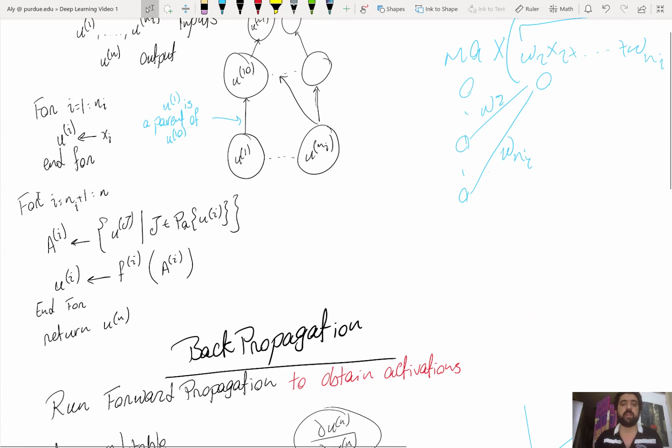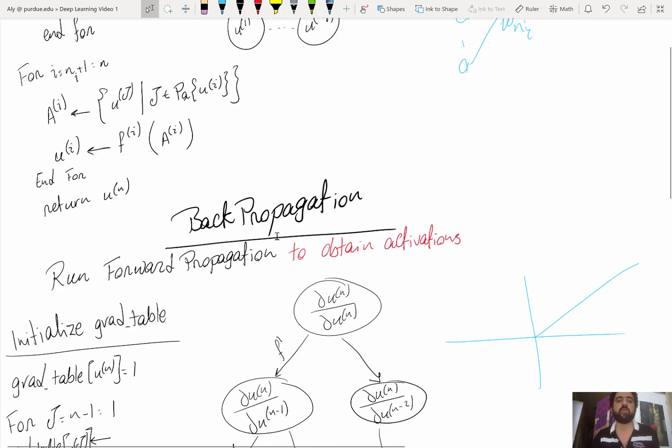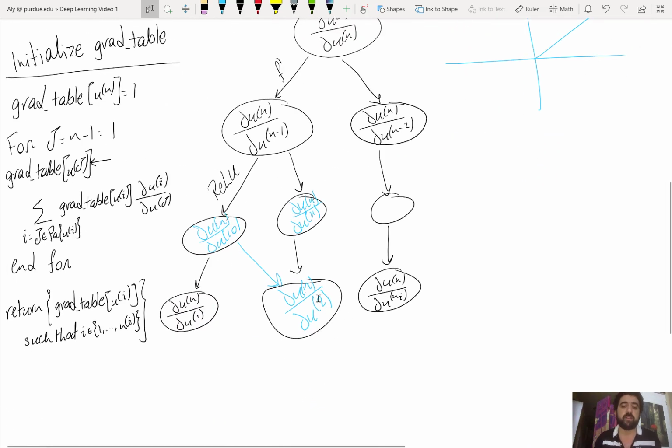So for example, here I am at u1. I find all the nodes that u1 is a parent of in the forward propagation graph. Here u1 is a parent of u10. If I am at u2, I find all the vertices such that u2 is a parent of them in the forward graph. u2 is a parent of u10 and is a parent of u11 in that example.